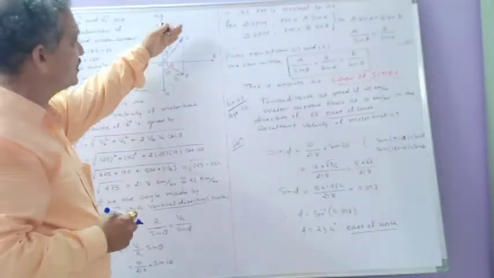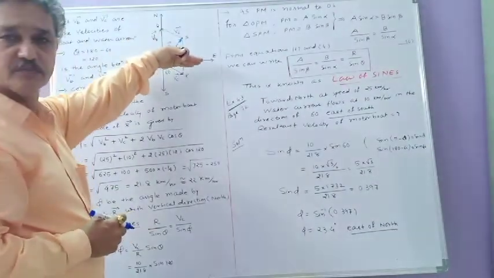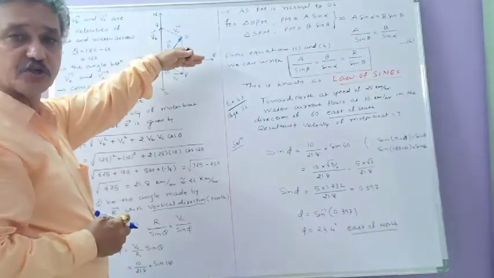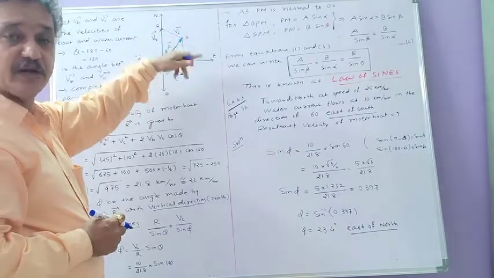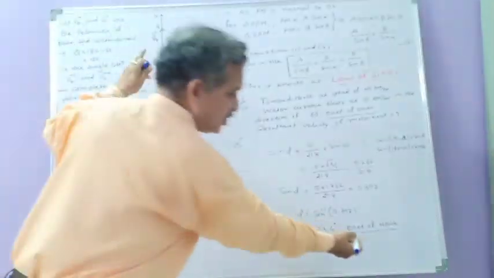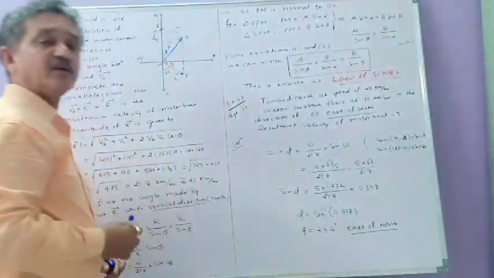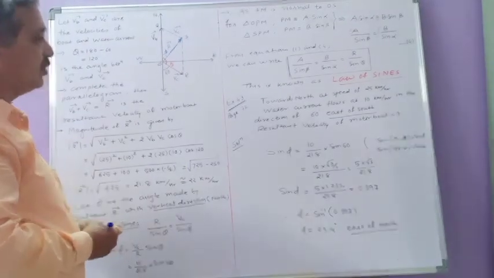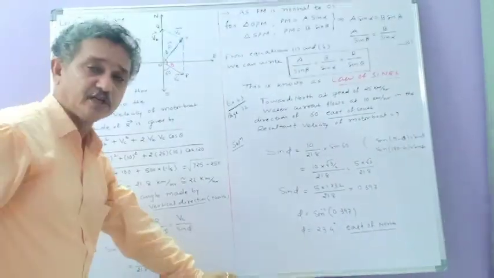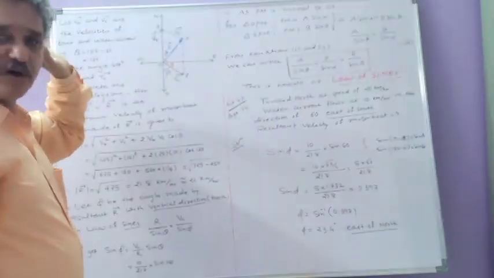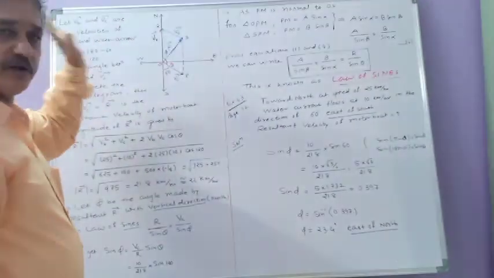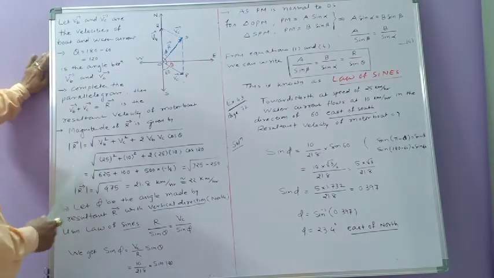This direction is from north to east, so it can be read as east of north. And this east of north angle, how much is it? That we have to find. So now we have to determine two things: one is the magnitude of the resultant vector R, and another is the angle phi. So by using this geometry, let us see.